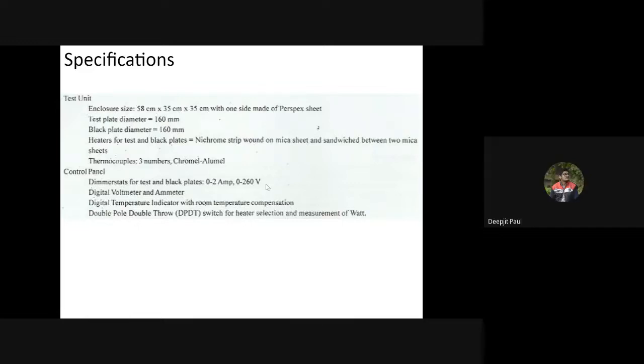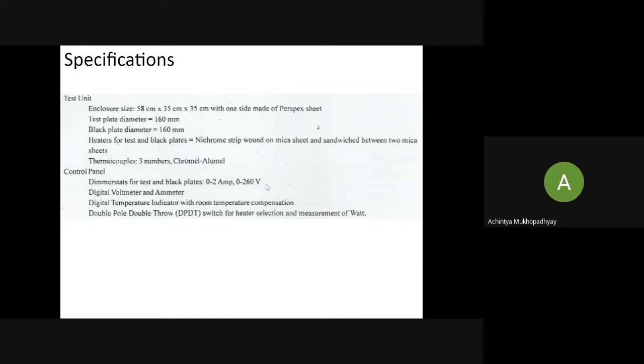I think it's the Seebeck effect. Seebeck effect, that's right. What is Seebeck effect? Sir, if we give some temperature at one end of 2 metal joints, then a voltage will be generated. Yes.